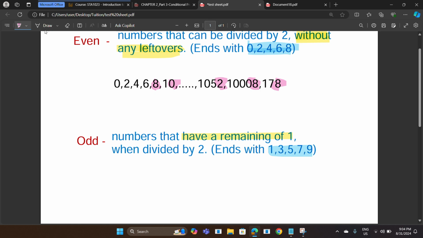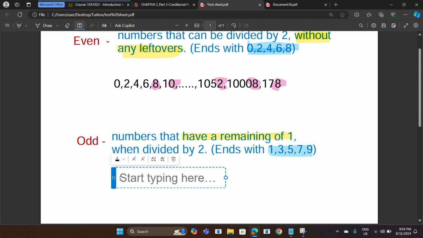Okay, let's move to odd numbers. Let's write some examples for odd numbers. Let's start from 1: 1, 3, 5, 7, 9, 11. Likewise, there are so many numbers. Let's take a big number, 9,700,789.